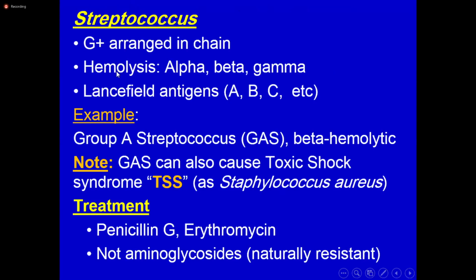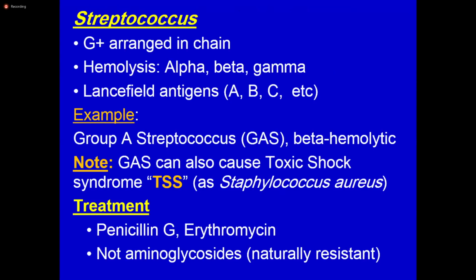Streptococci can have different effects on blood in case of hemolysis. It could be alpha hemolysis, which is partial hemolysis, green in color, and beta hemolysis and gamma hemolysis. Gamma, there is no hemolysis. Beta, complete.